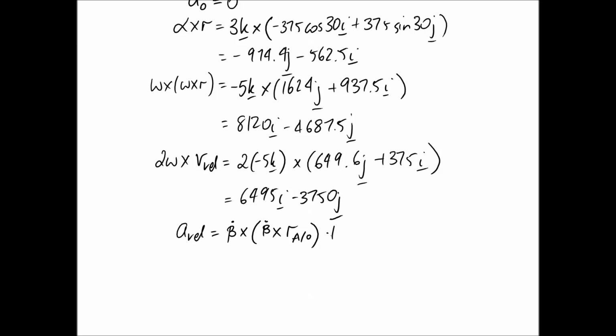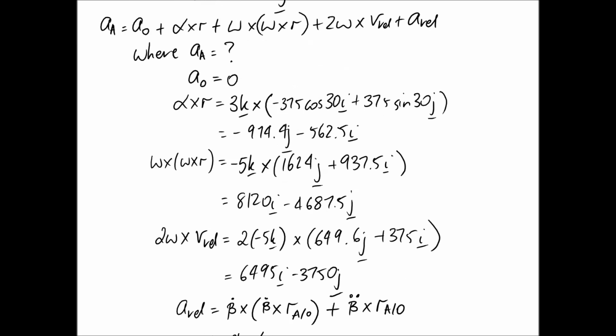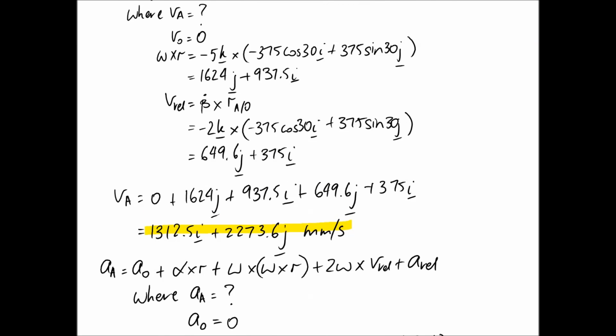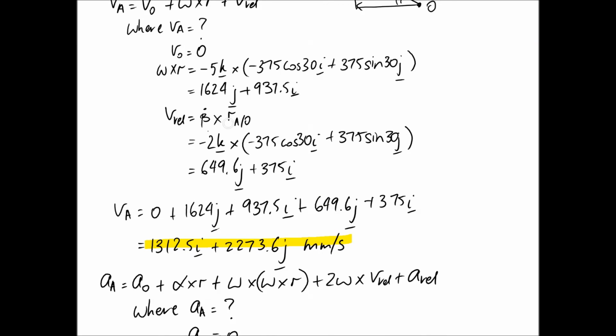Okay, the tangential part, so alpha is the same as beta double dot, and the radius is A relative to O again. So substituting in, before we said that beta was equal to negative 2k. Oops. I think we already have this. We can go back and look for it. So we're looking for beta dot A relative to O. And it's this here.